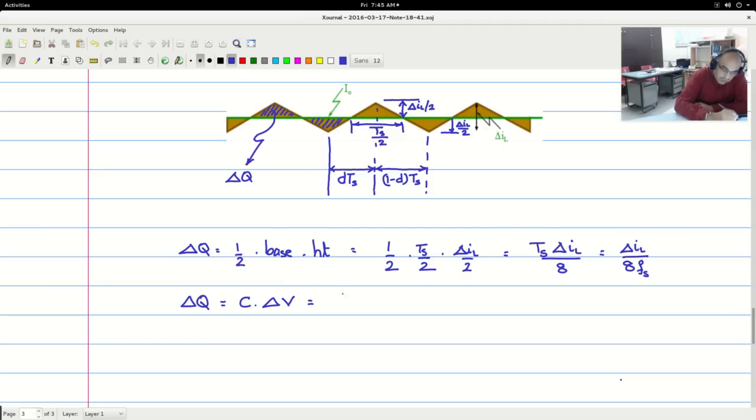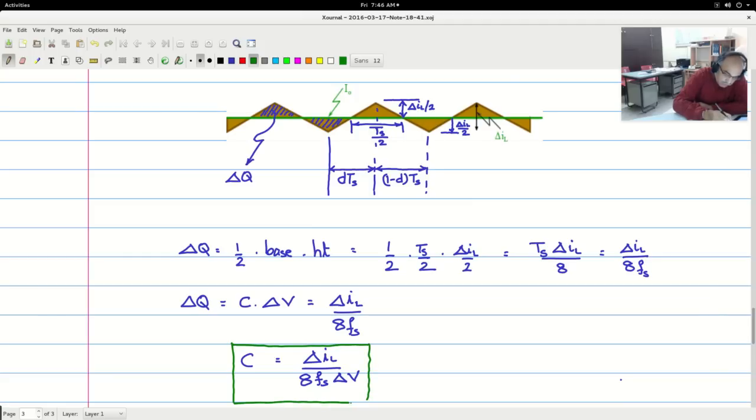Now this we know is delta IL by 8Fs, and therefore we can find out C. C is equal to delta IL by 8Fs delta V. Now this is an important relationship which you can use for finding the value of the capacitance that you need to put for the buck converter.